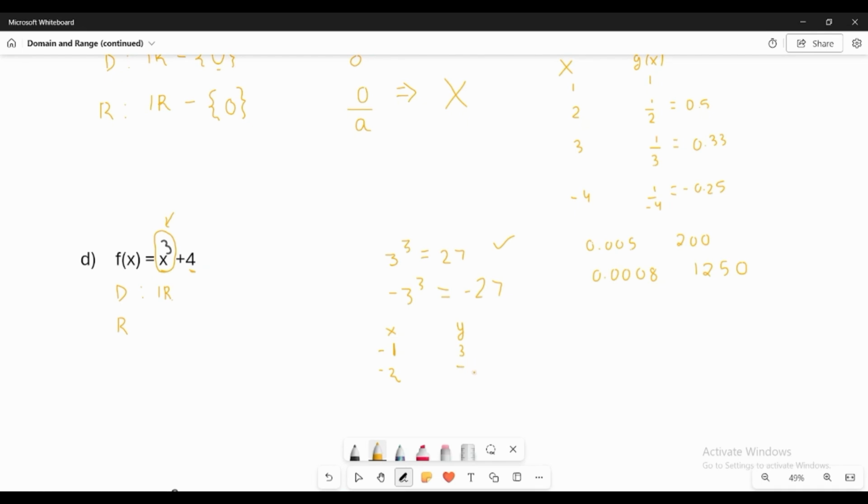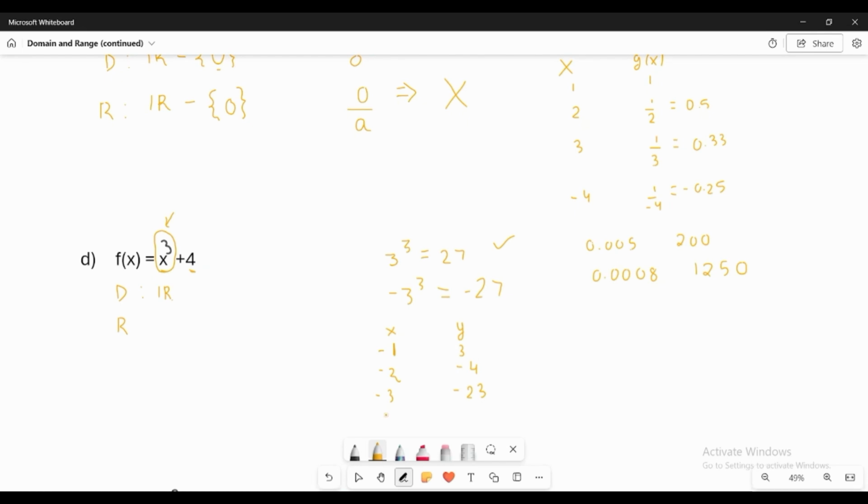That is negative 4. If your x is negative 3, then your f of x will be negative 3 to the power of 3 plus 4. That is negative 27 plus 4. That is negative 23.